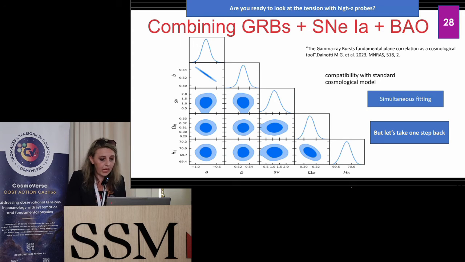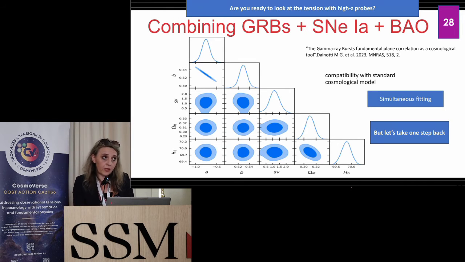So then we applied the GRBs together with supernovae and BAO, but we calibrated GRBs on supernovae. Here in this plot we consider this, but we also had the simultaneous fitting.